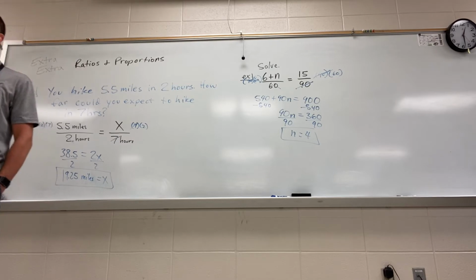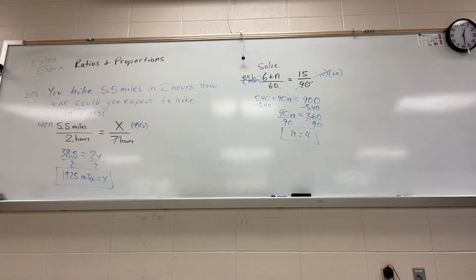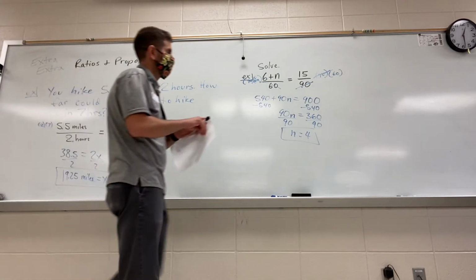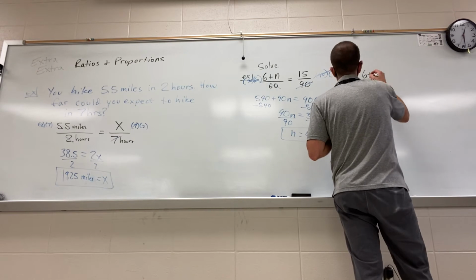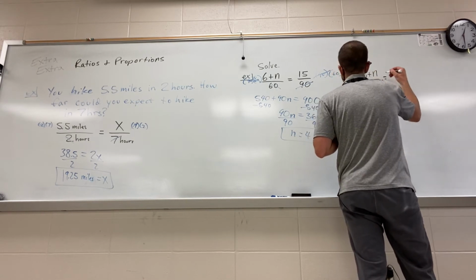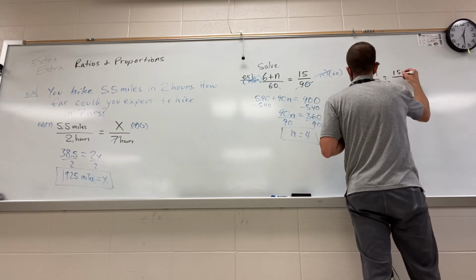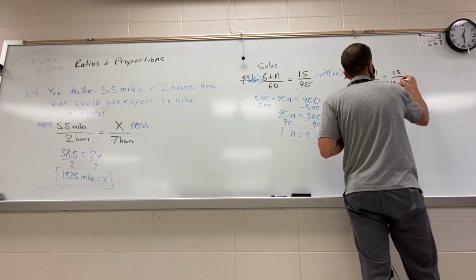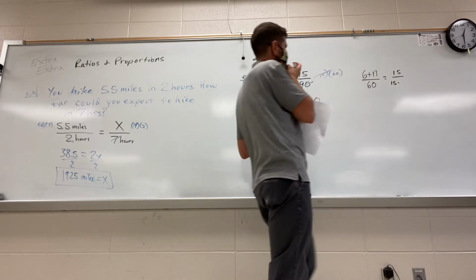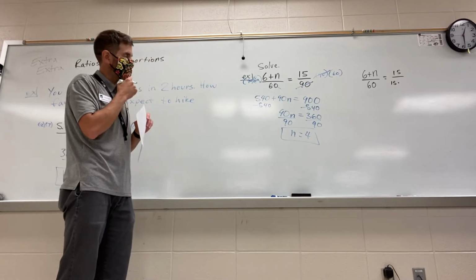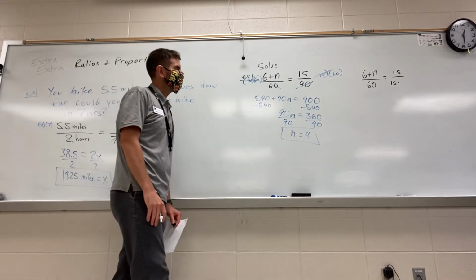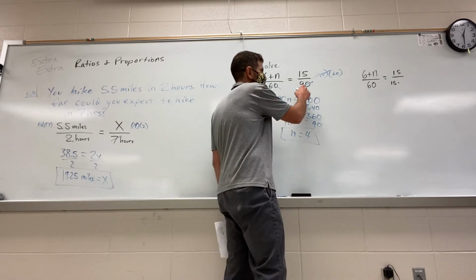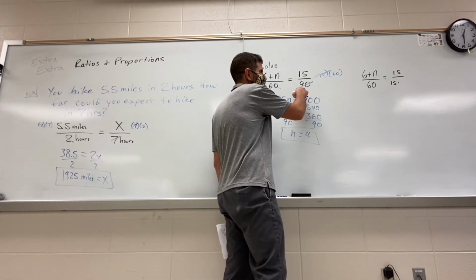Question, Marcel? Marcel was asking if we could see what it would look like if we did the simplified one. Yeah. So I think 15 goes into 90 6 times.